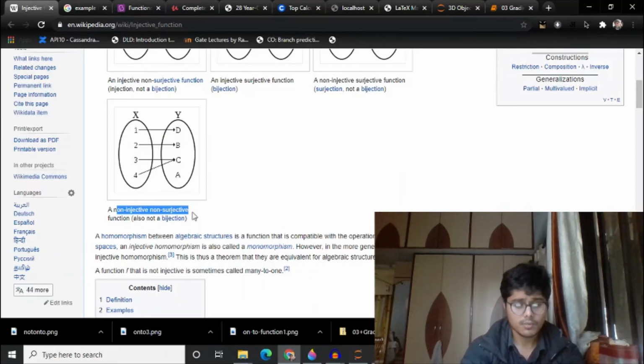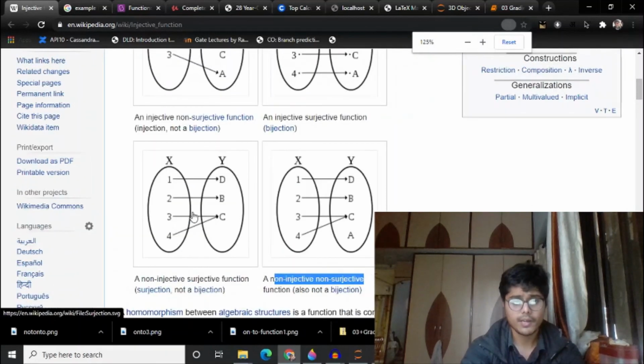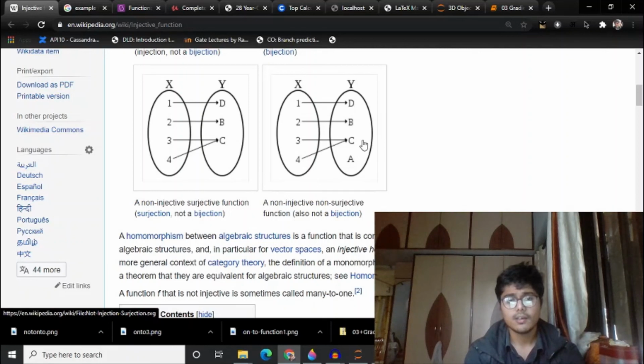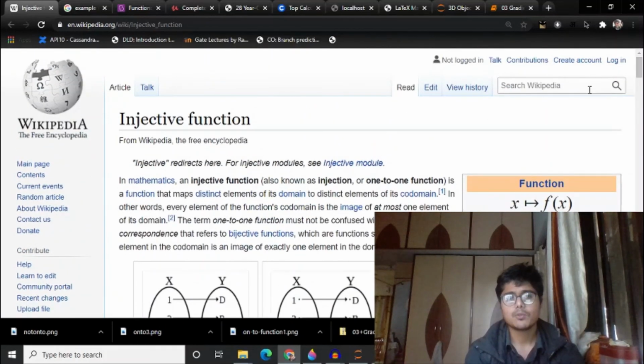So let me zoom in, I will show you this Wikipedia's result. Okay, so this is not a bijection, this is not an injection, also not a surjection. Because for bijection we want the function to be injective, also surjective. Okay, so just remember these three types of function, guys.